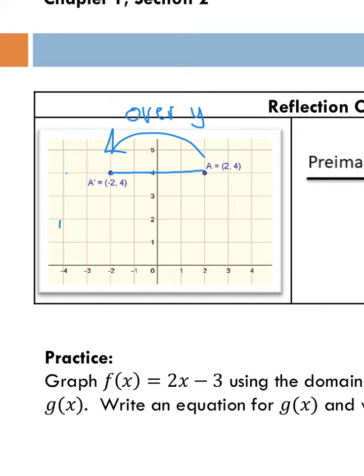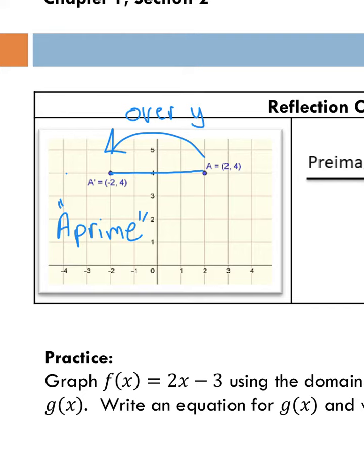So maybe we should write that down, A prime. If you did not learn that last year, I'll just review that. That's pronounced A prime, and the prime symbol is showing you the after transformation. Most of you would immediately know where to put that image at -2, 4.